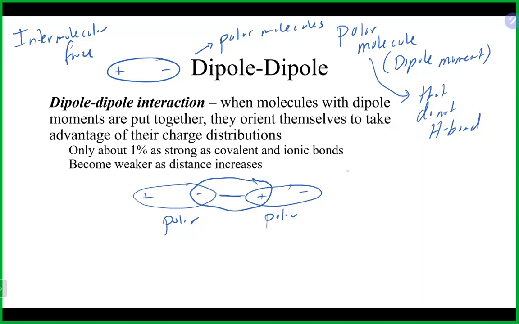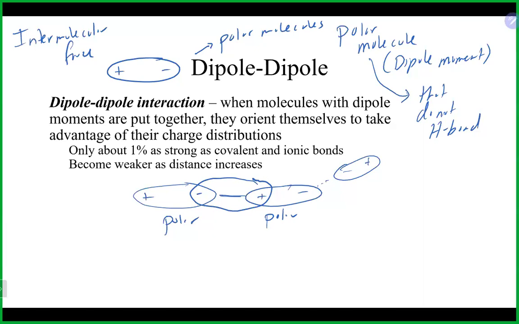So no matter what you do, there's always going to be a situation when it comes to solid, everybody's getting closer to each other. You're going to have some negatives being near negatives where they don't really want to be, and some positive sides of molecules being next to positive sides of molecules, which they don't want to be. So they will continue to move around until they can find an orientation where they're kind of happy with where they're at.